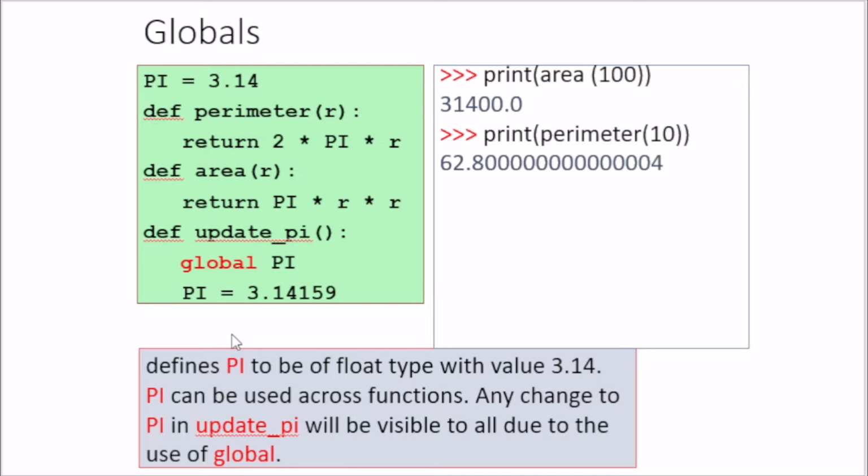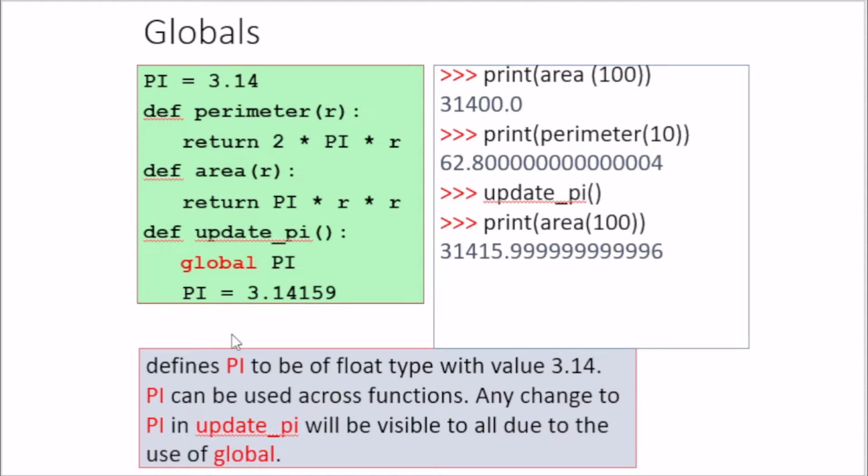Now suppose I wanted to update the value of pi and I want it to be communicated to the perimeter as well as the area function. So we need to call the update pi function here. Update pi will set the pi value to 3.14159 instead of 3.14. So now when you call the area function with 100 radius, you can see that you are getting an updated value of pi, which is 31415.999.